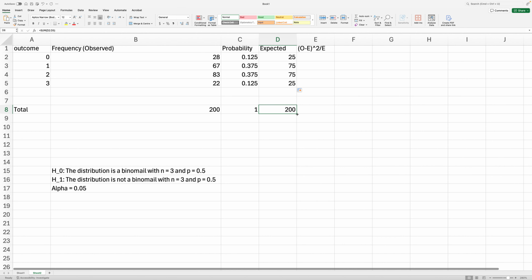So now I need to find the chi-square test statistic. It is O, which is the observed, minus E, which is the expected, squared, divided by the expected. So I will write equal the observed minus the expected, squared, divided by the expected itself.